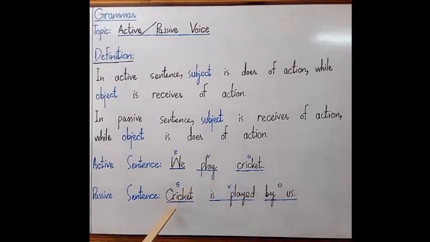So now the subject of the passive voice is no more the doer of an action, but the receiver of an action, and the object of the passive voice is no more the receiver of an action but the doer of an action. So the sentence we play cricket is converted into passive voice in this way: cricket is played by us.